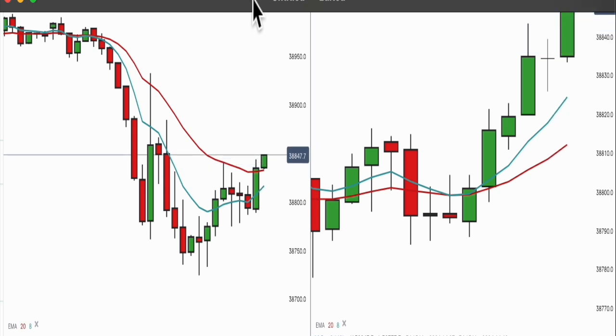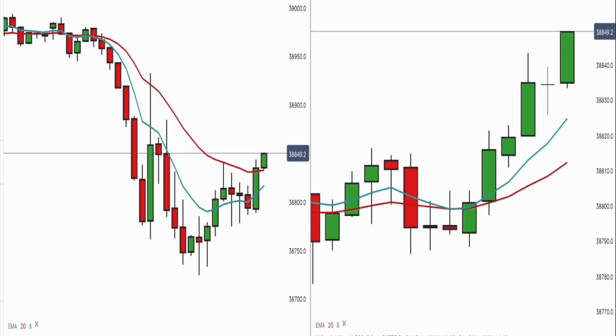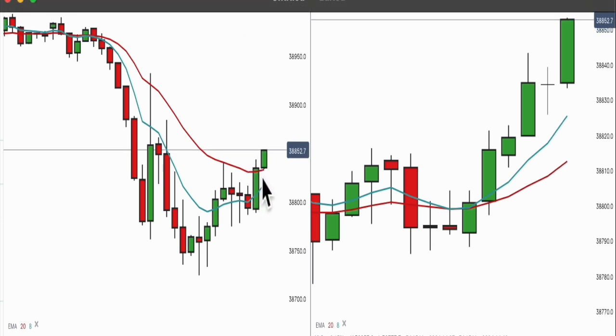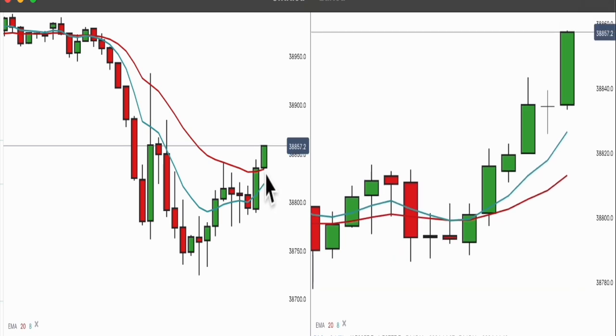So notice the time in between the candlesticks closing and the candlesticks opening. Notice there's very, very little time. So this candlestick, this 5-minute candlestick, eventually it closed above the 20 EMA and started going up. Okay, so that, if I was paying attention, could possibly have been an entry down here.